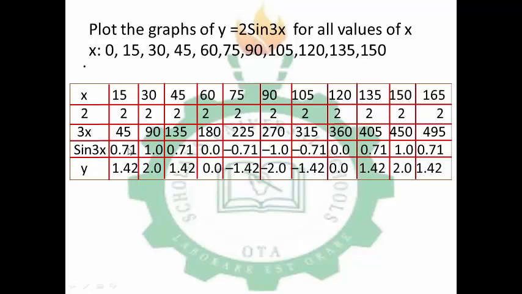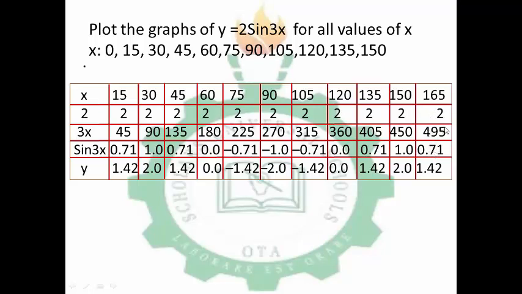Then you have sine 3x now. Your 3x here is 45: sine 45 is 0.71, sine 90 is 1, sine 135 is 0.71, sine 180 degrees equals 0, sine 225 degrees equals minus 0.71, and so on, till you get to sine 495 degrees equals 0.71.